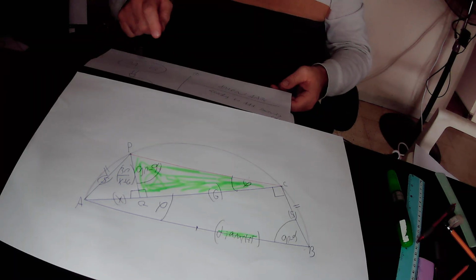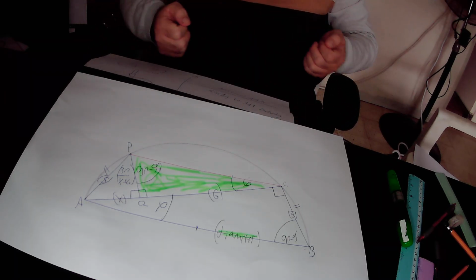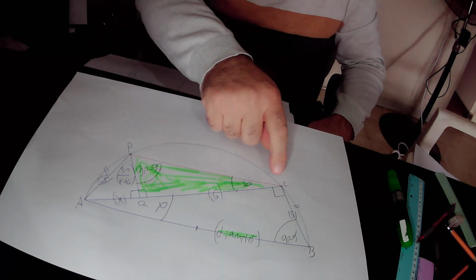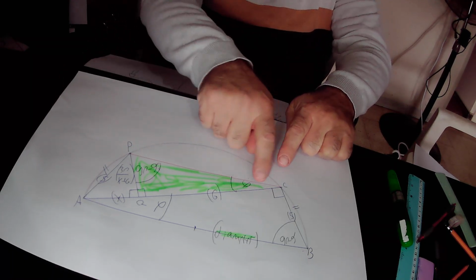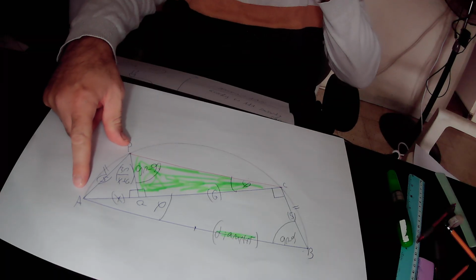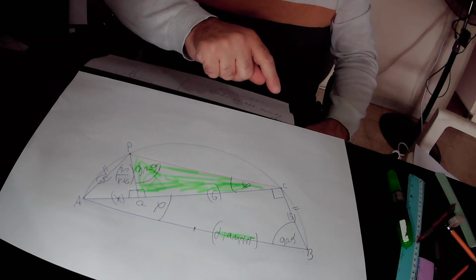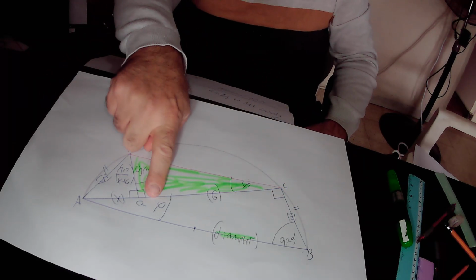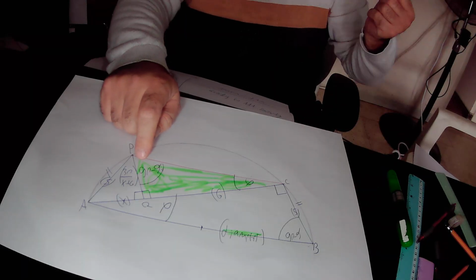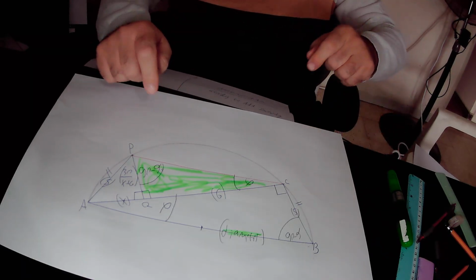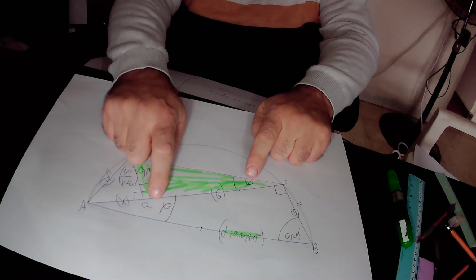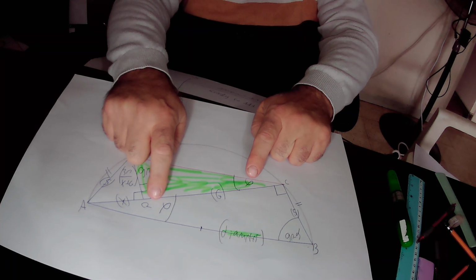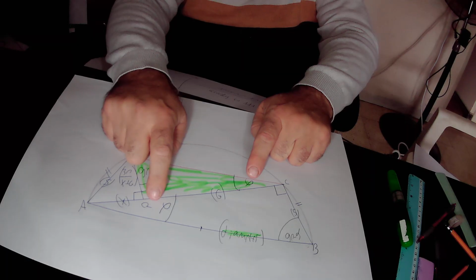In the next step, we join points P and C together by a straight line. By joining points P and C, we get a peripheral angle PCA. Angle PCA subtends chord PA, which is equal to 5 units in length. Likewise, we have another peripheral angle, angle CAB. Angle CAB subtends chord CB, which is also equal to 5 units in length. Because those two angles subtend equal chords, they must be equal to each other in size.